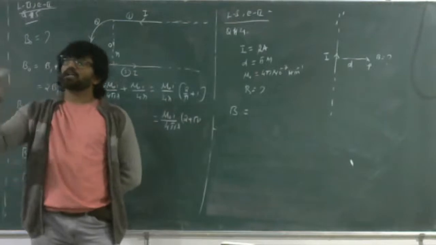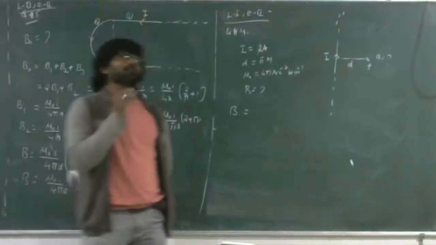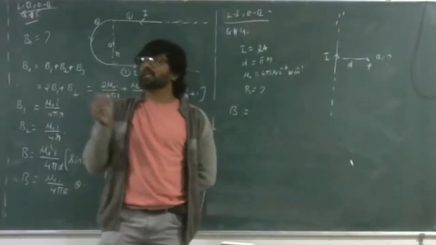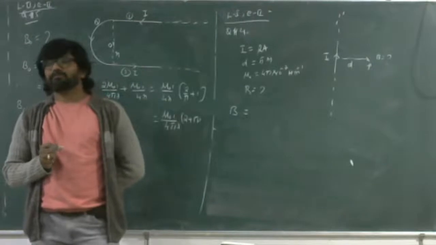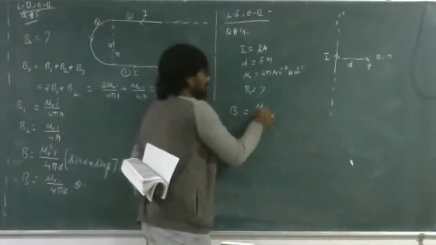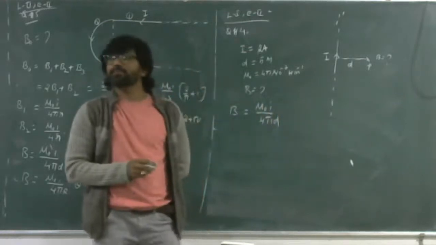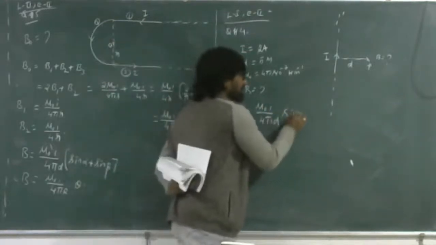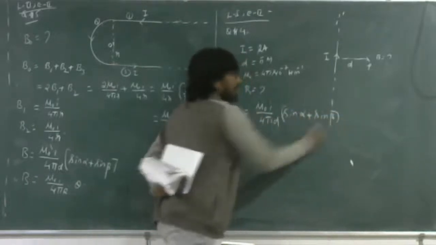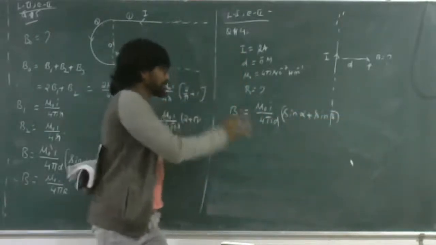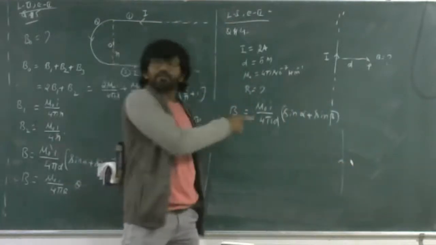B is equal to mu naught I by 4 pi D into sin alpha plus sin beta. So the magnetic field due to a straight current carrying conductor in general is this.